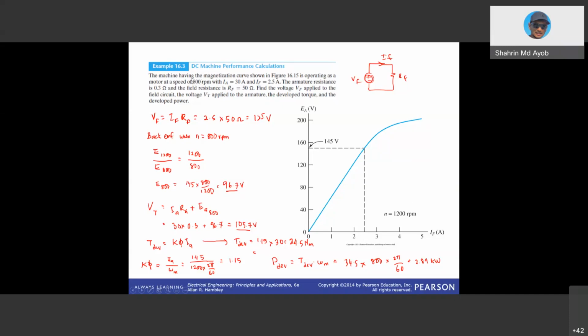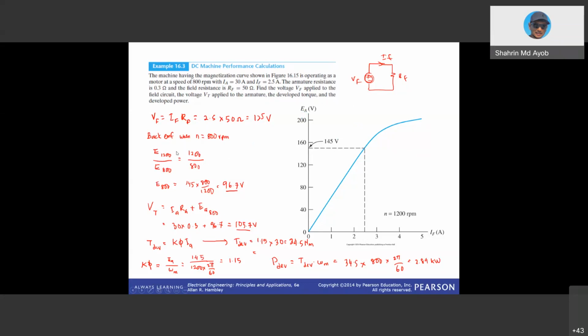The motor is actually running at 800 rpm. So what you need to do is use the relationship, because we know that the constant is a fixed value. So we can use that to get the induced voltage EA when the speed is 800 rpm.